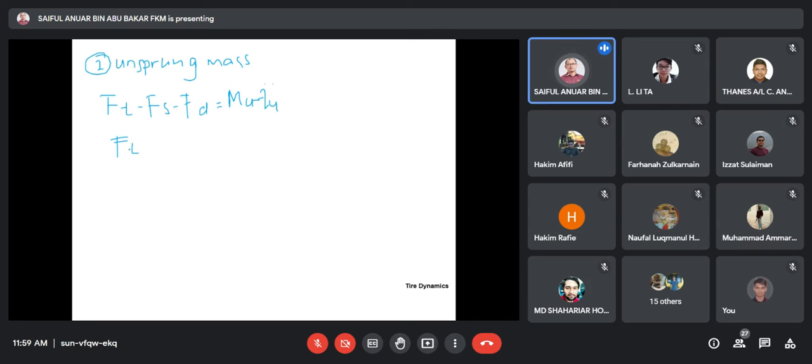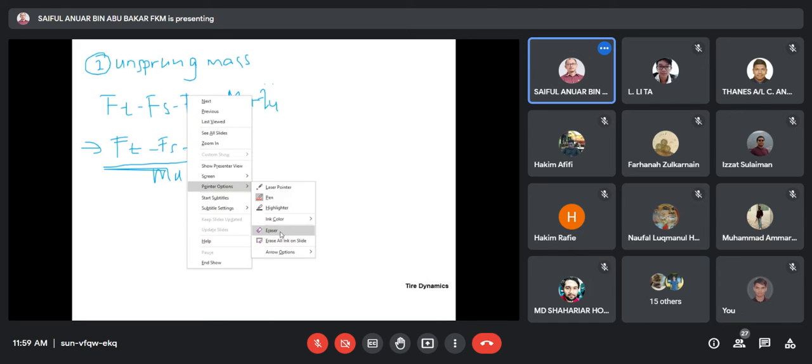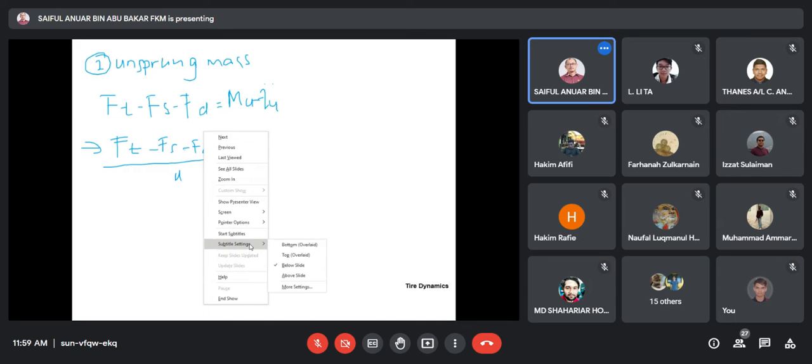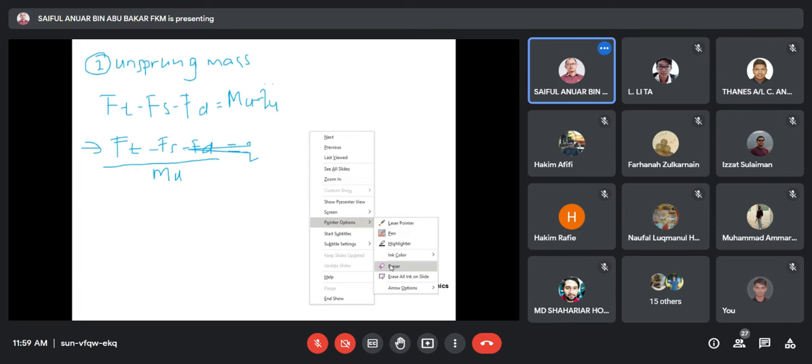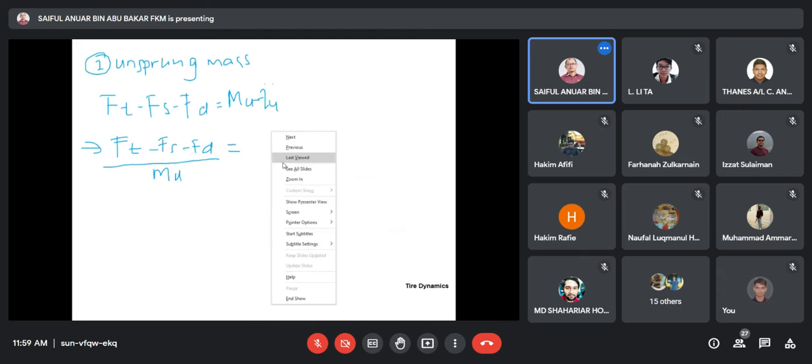So the term is going to be Ft minus Fs minus Fd, divided by mu, giving Zu double dot.